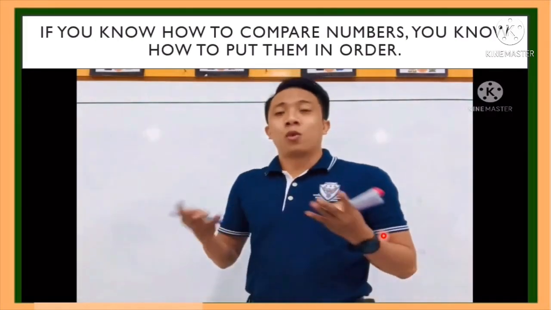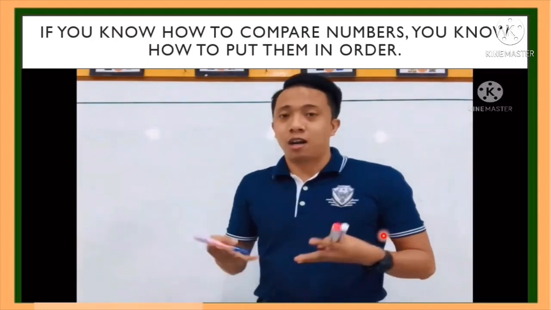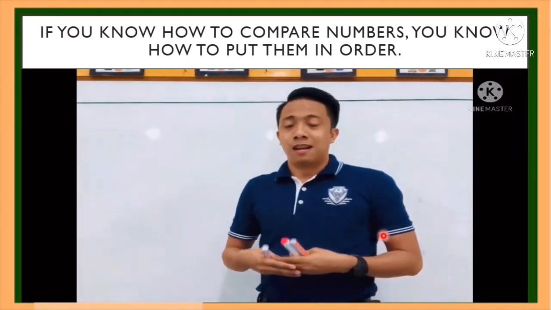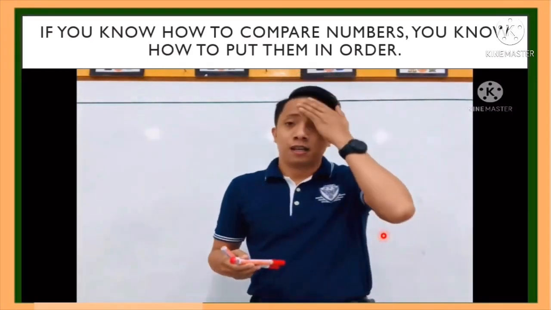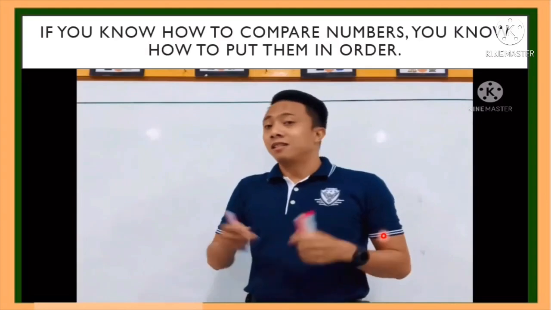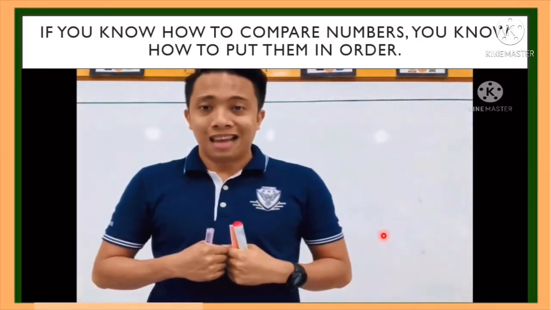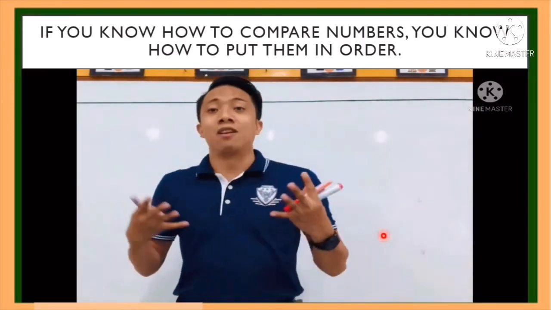Alright, now, the question is, how to order or arrange numbers? Okay, this is the realization. If you know how to compare numbers, then you know also how to put them in order.